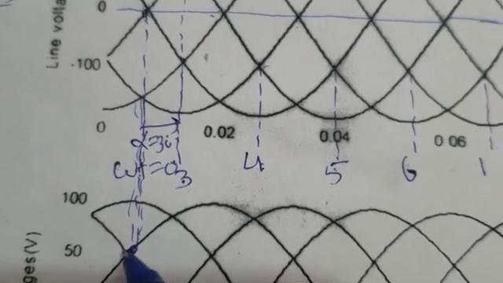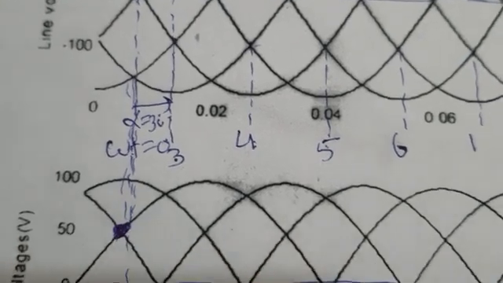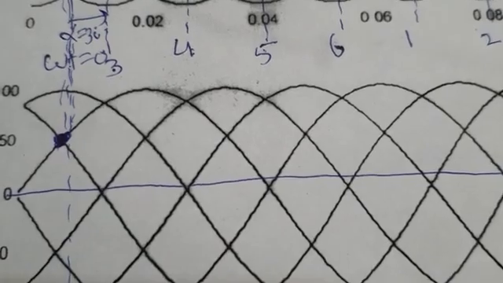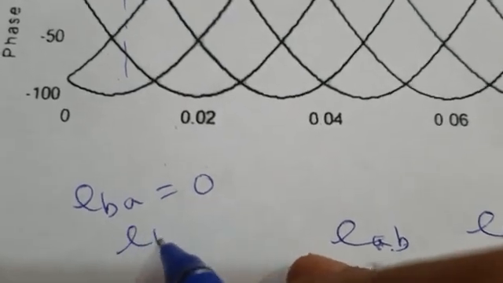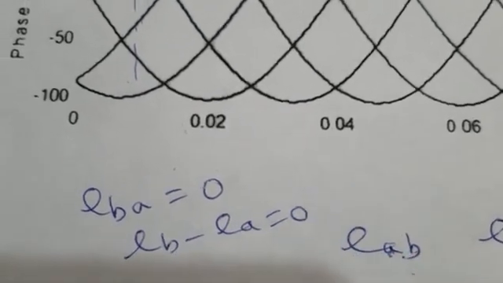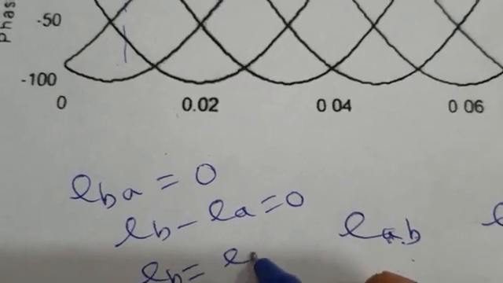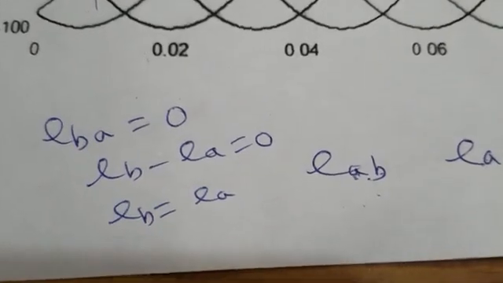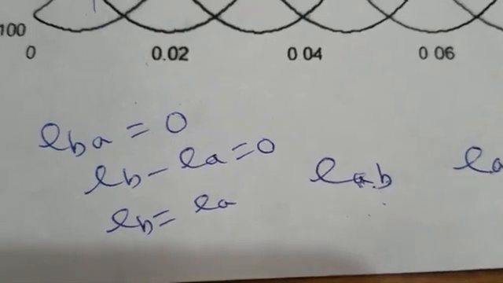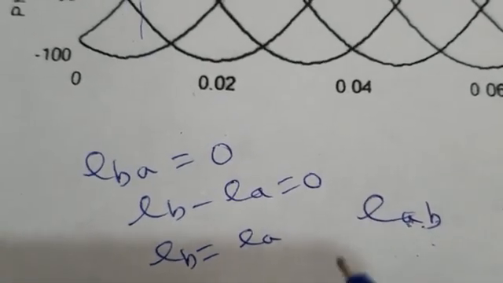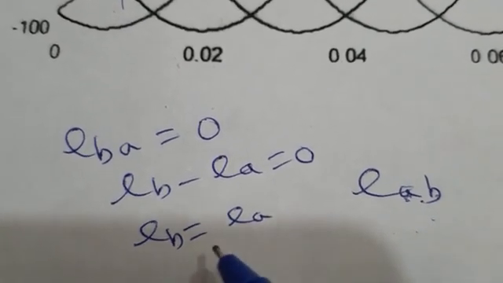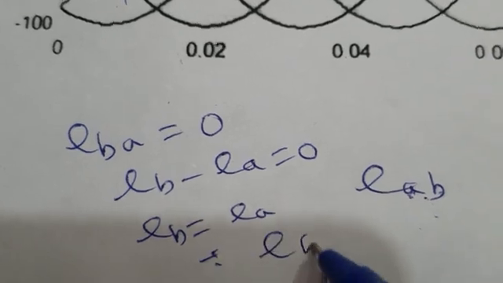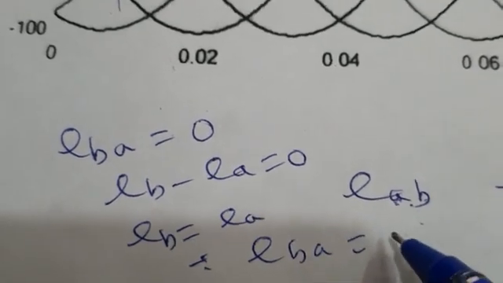That means at this point, what does EBA equal to 0 mean? I have written here, EBA equal to 0 means EB minus EA is equal to 0. That means EB should be exactly equal to EA. EBA is EB minus EA, and if EB is exactly equal to EA, then EBA is equal to 0.